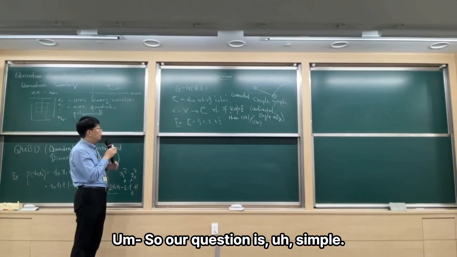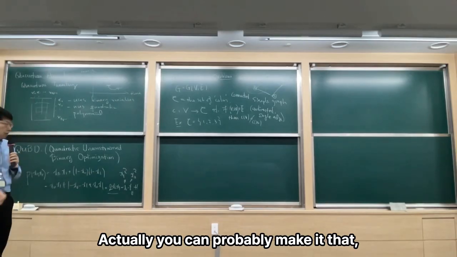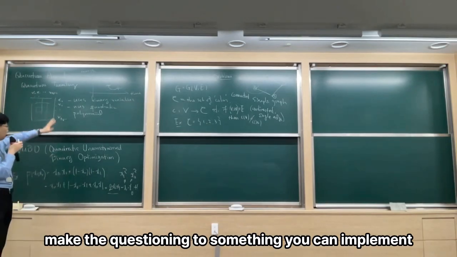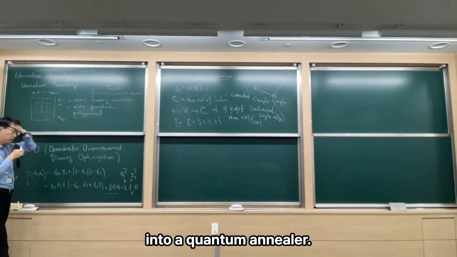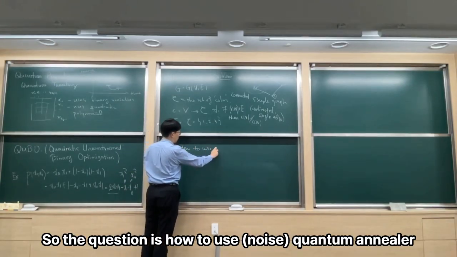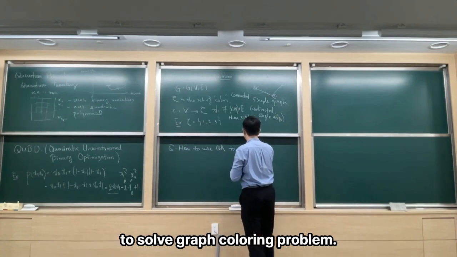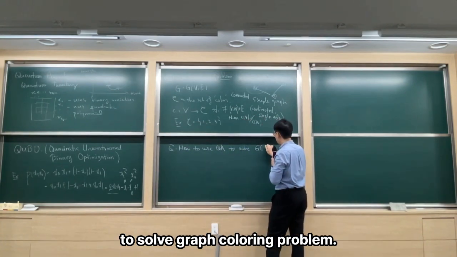So our question is simple. You can probably make the question into something you can implement on a quantum annealer. The question is how to use a quantum annealer to solve the graph coloring problem.